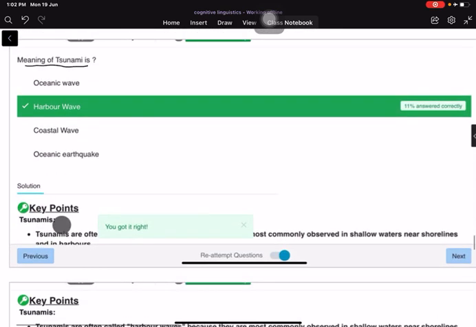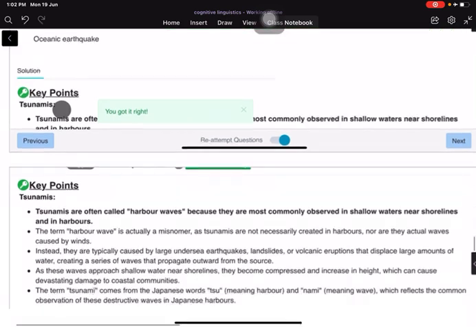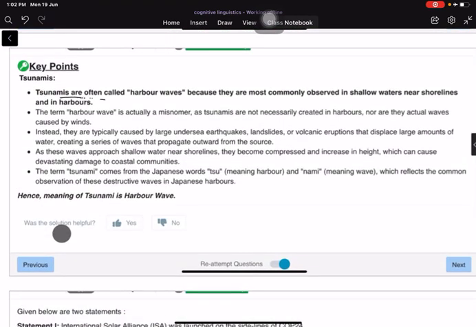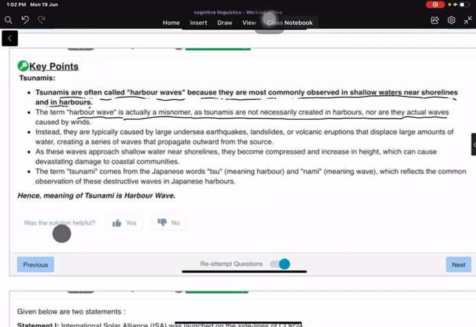Meaning of tsunami is harbor wave. Tsunamis are often called harbor waves because they are most commonly observed on shallow waters near shorelines and in harbors. The term is actually a misnomer, as tsunamis are not necessarily created in harbors, nor are they actual waves caused by winds.